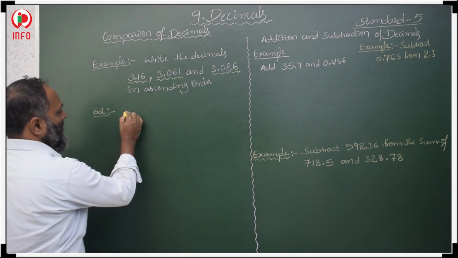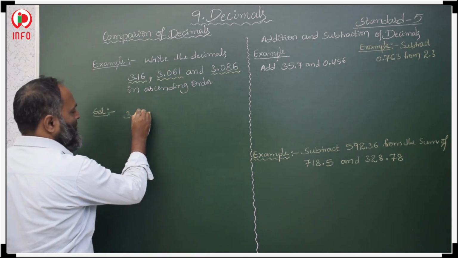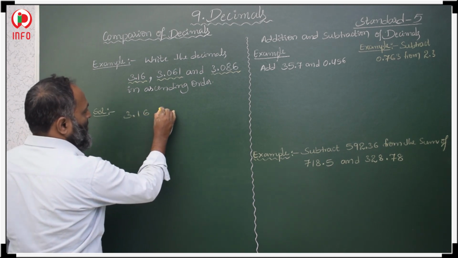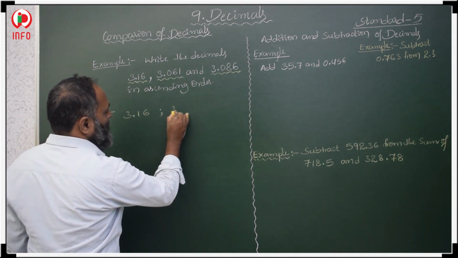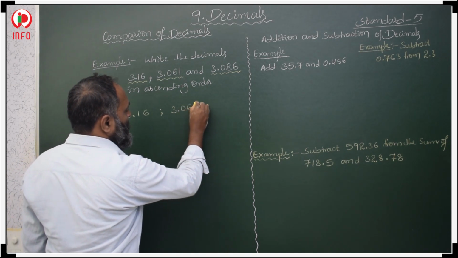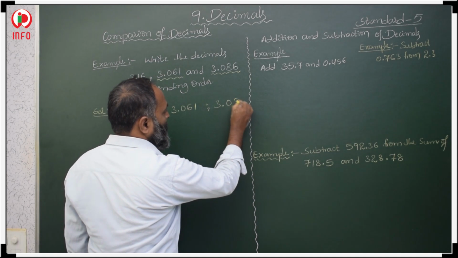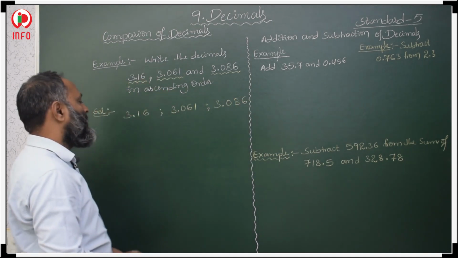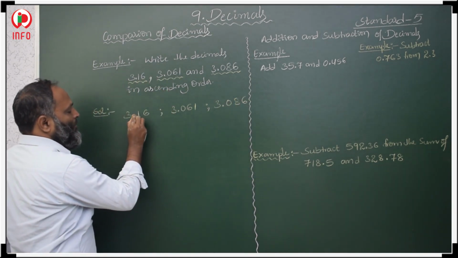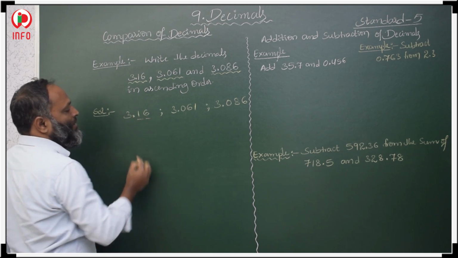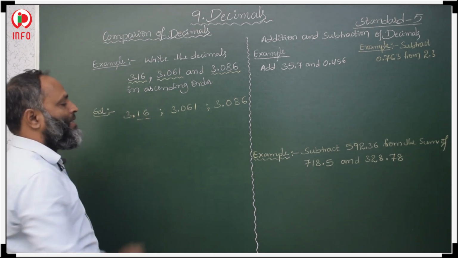So first 3.16 is the first decimal, the second decimal is 3.061 and the third decimal is 3.086. See here, after the decimal point we have 1 and 2 digits, tenths and hundredths.